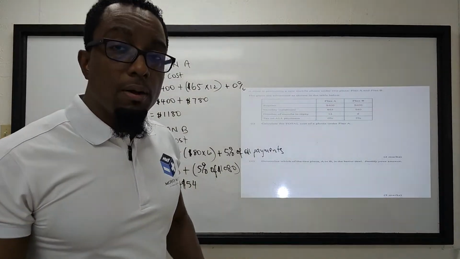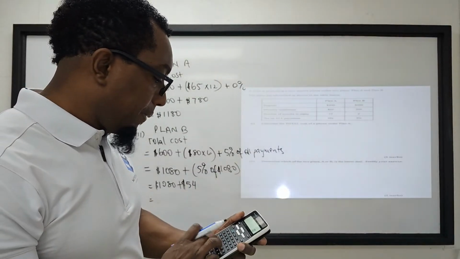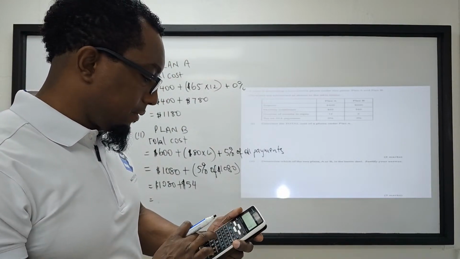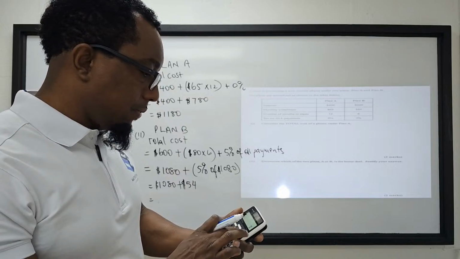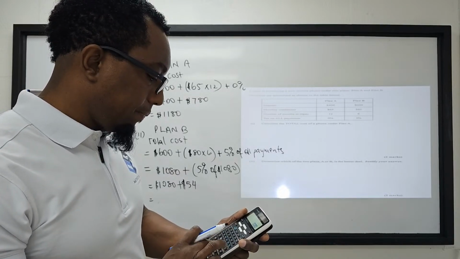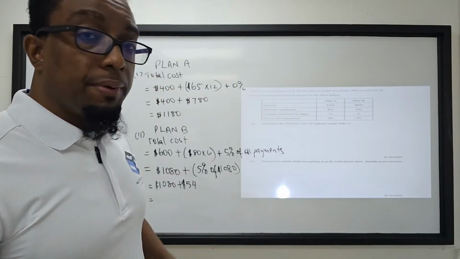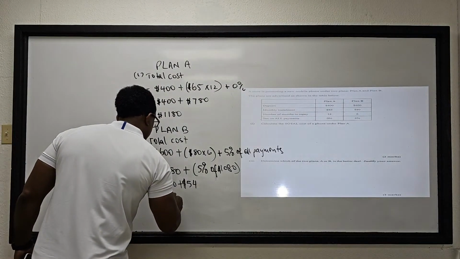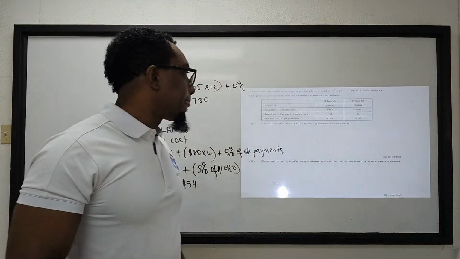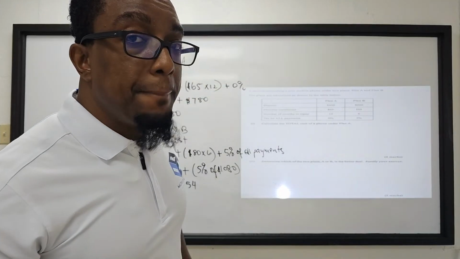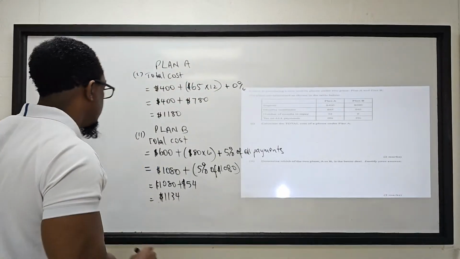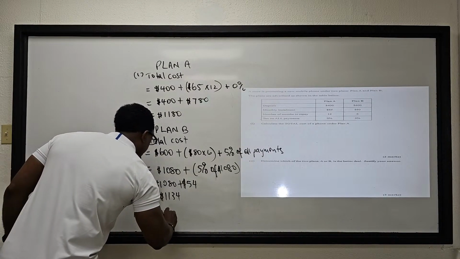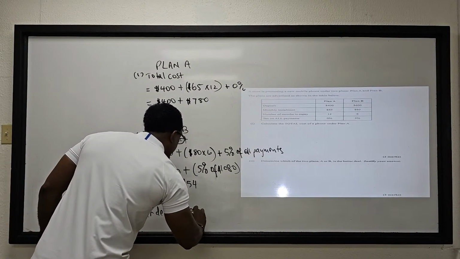So the total cost of Plan B will be 1,080 plus 54, which will give us $1,134. So obviously the better deal is Plan B.